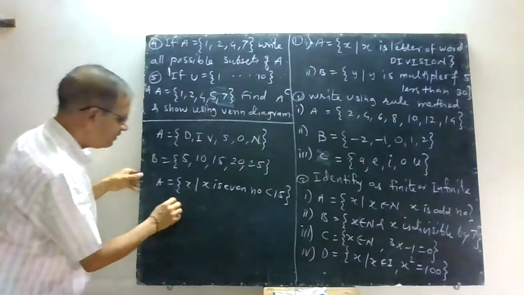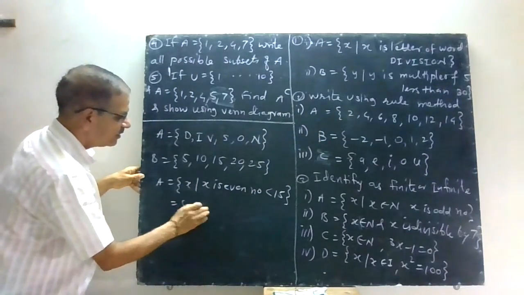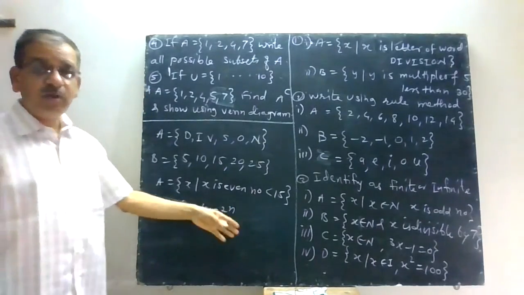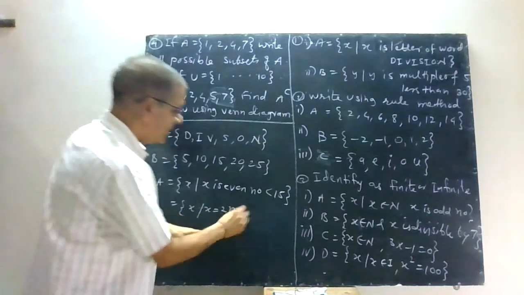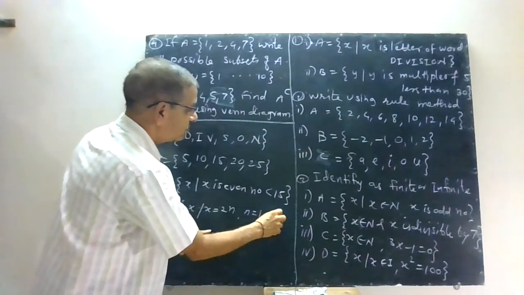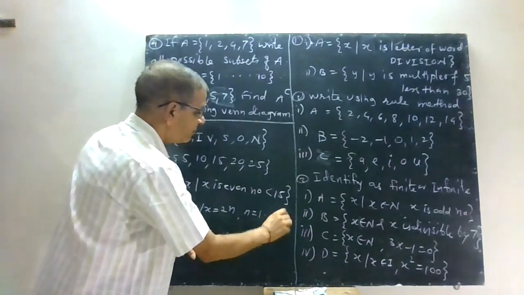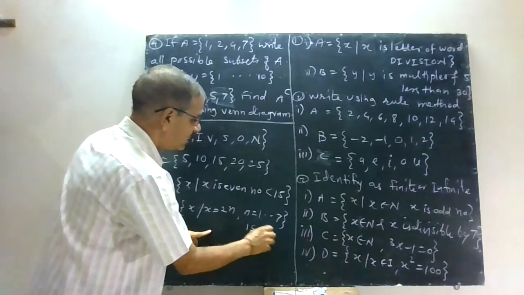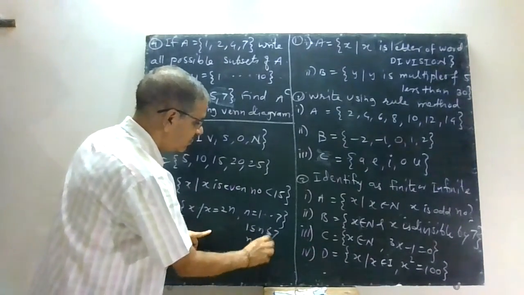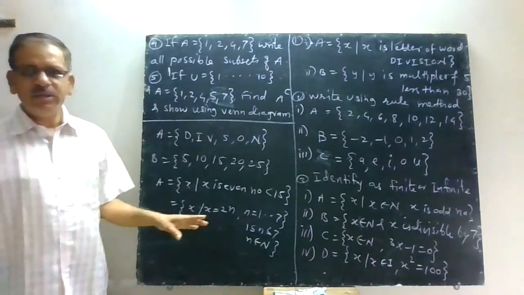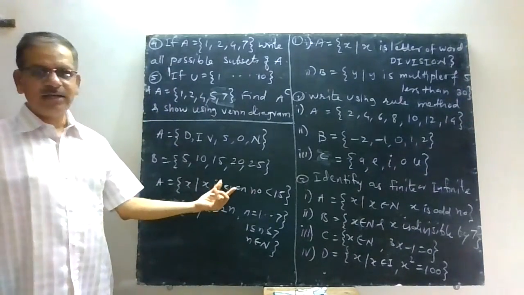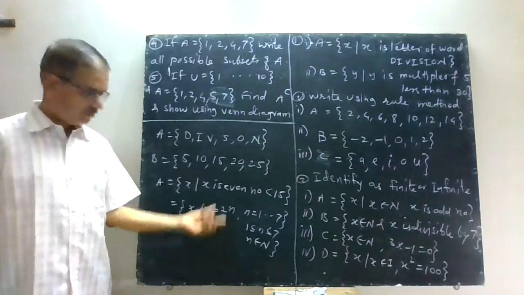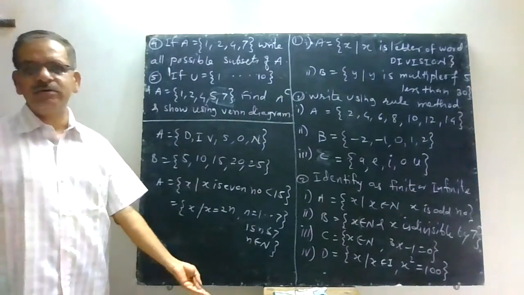One more way you can write down: X such that X is equal to 2n, it is a multiple of 2, and n is equal to 1 to 7. Or you can write 1 less than or equal to n less than or equal to 7, where n belongs to N. So there are so many ways. It's not necessary that you have to write down the set using only one way. If possible, you can write down this way, or maybe one more way you can write.